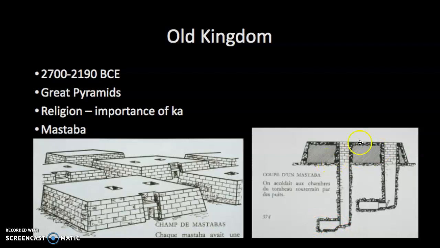The chamber itself is not in the building. And that lower burial chamber is a small sealed room housing the Ka statue and all sorts of other grave goods. This is the basis for the Great Pyramids.